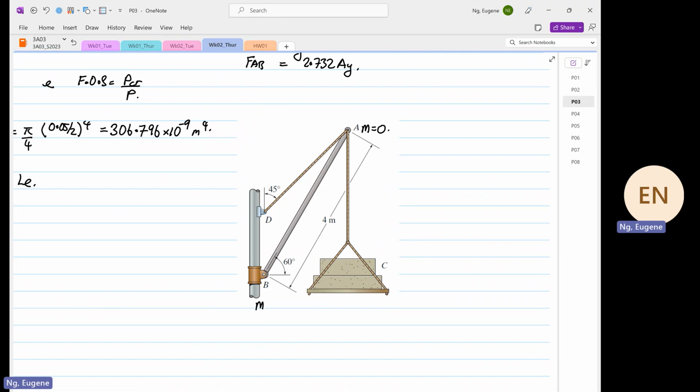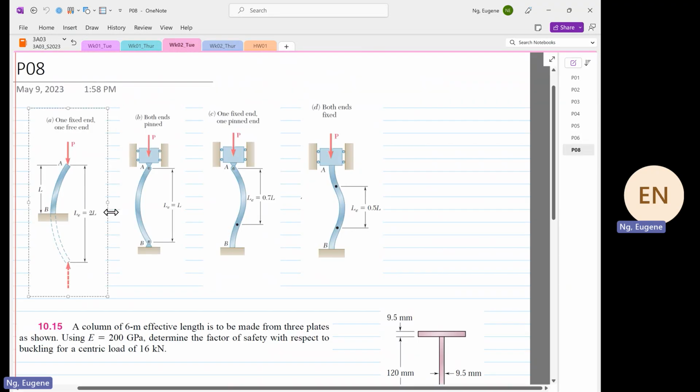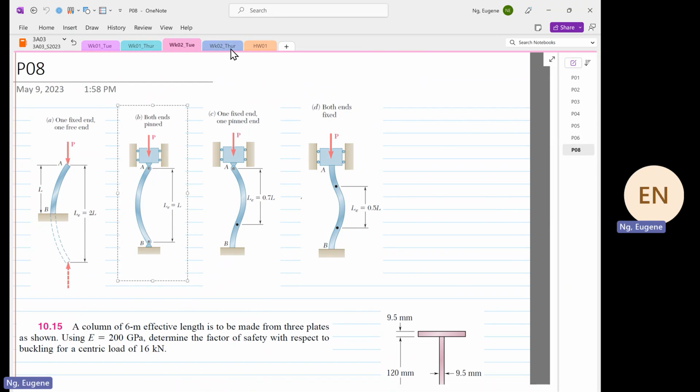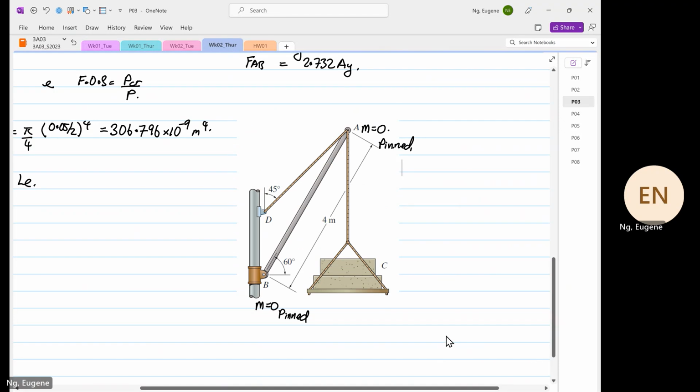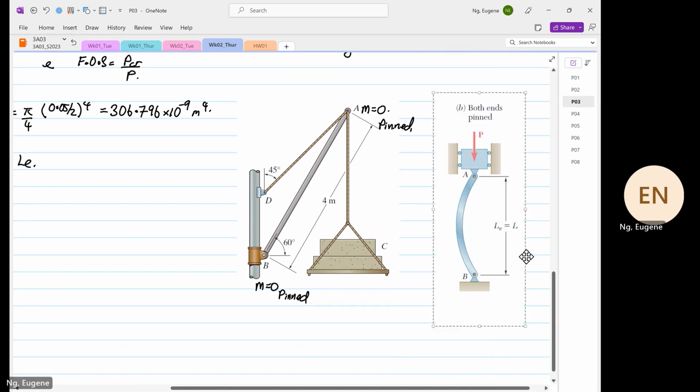At point B, the moment is equal to 0. So both of them are pinned at both ends. So you go back and look at pin at both ends. Pin at both ends, LE is equal to L, right? So you look over here, pin at both ends, LE is equal to L.